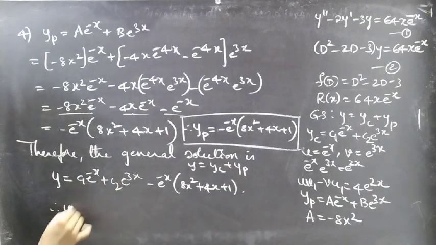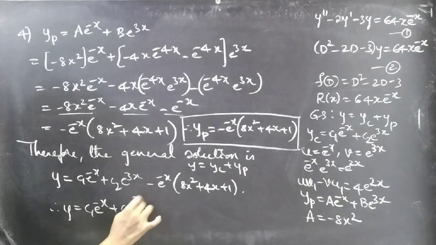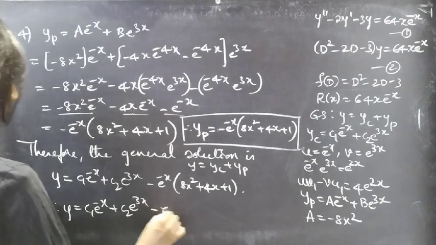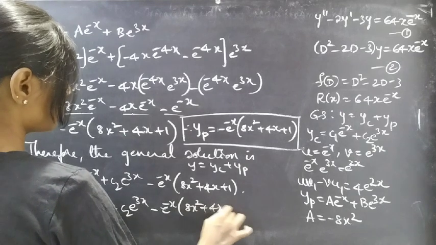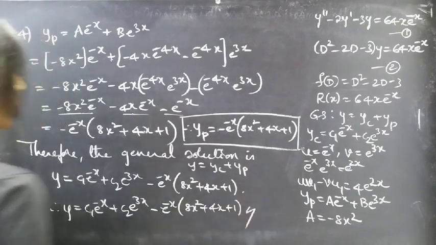Therefore, y equal to c1 e power minus x plus c2 e power 3x minus e power minus x into 8x square plus 4x plus 1 is the required solution.